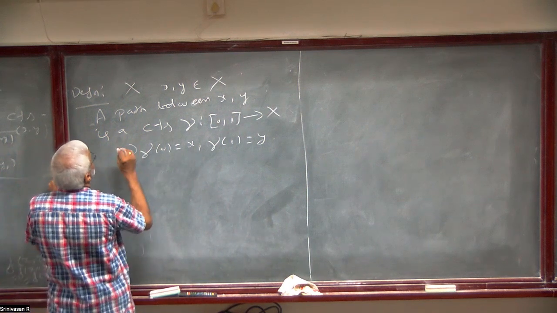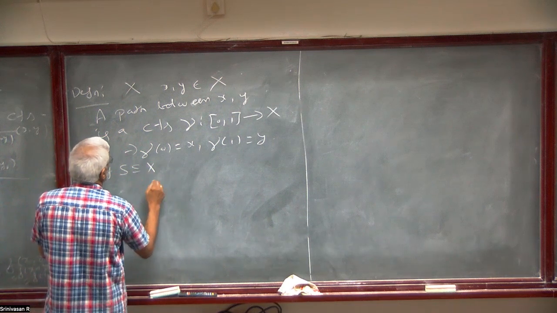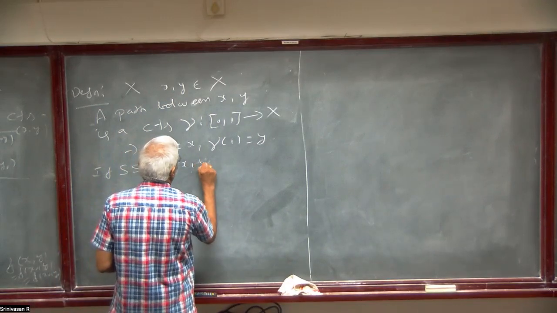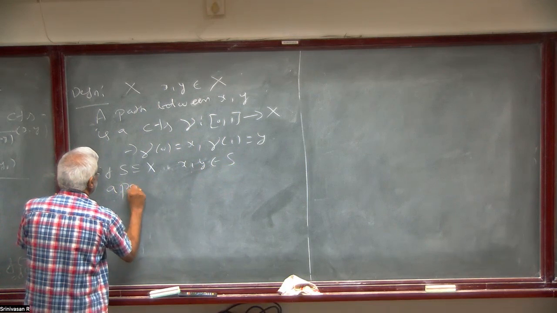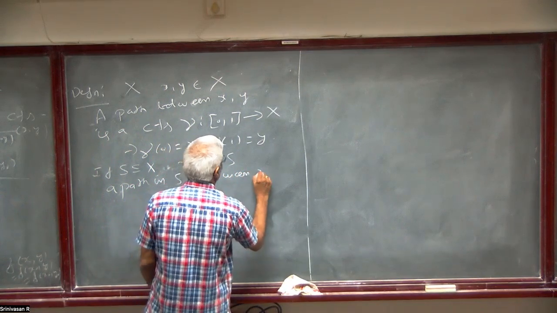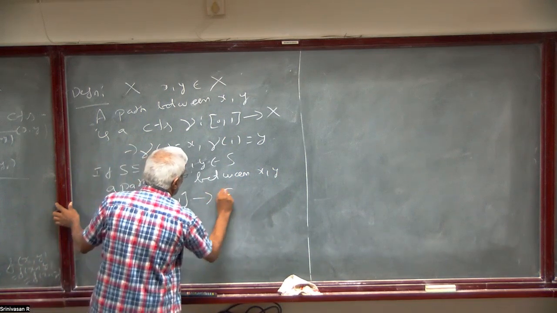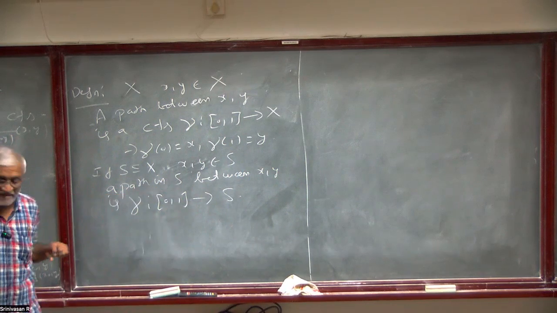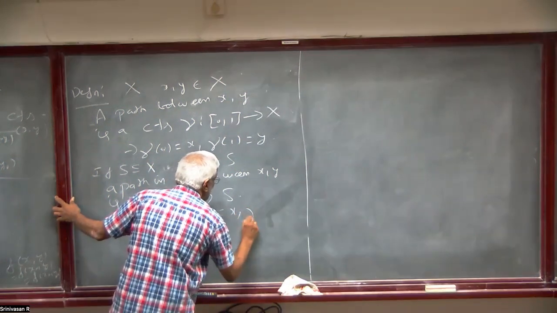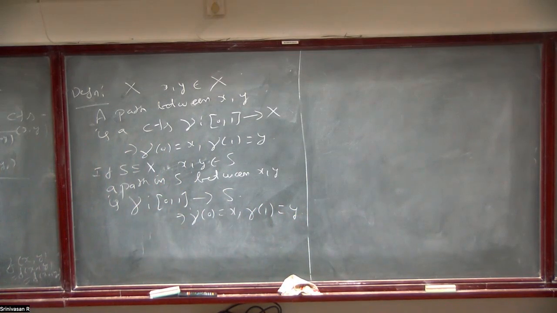So if S is contained in X, and x, y are in S, then a path in S between x and y is a continuous map gamma from [0, 1] to X, and the image should be completely contained in S, such that gamma of 0 is equal to x and gamma of 1 is equal to y. The endpoints should be x and y.